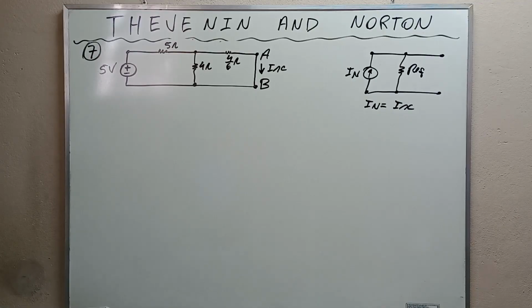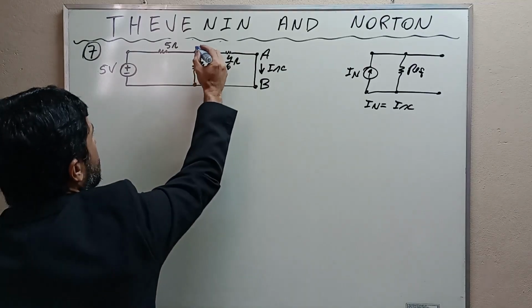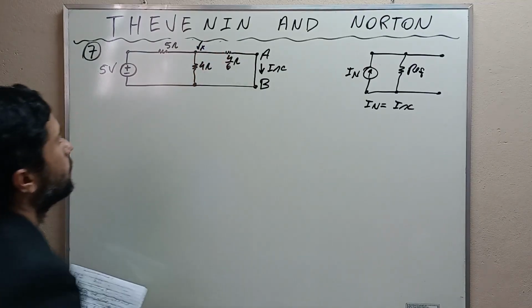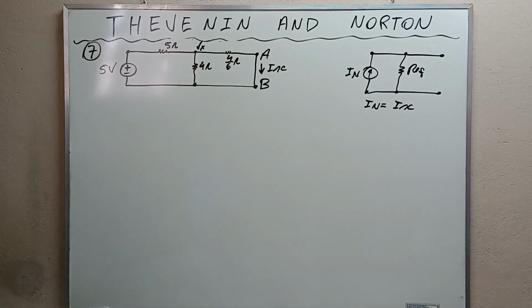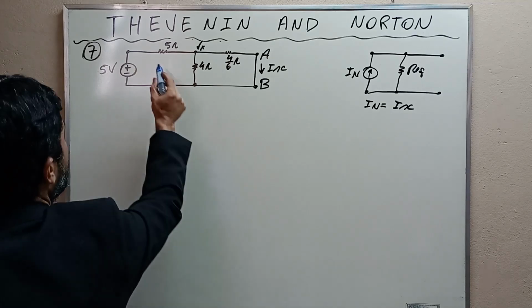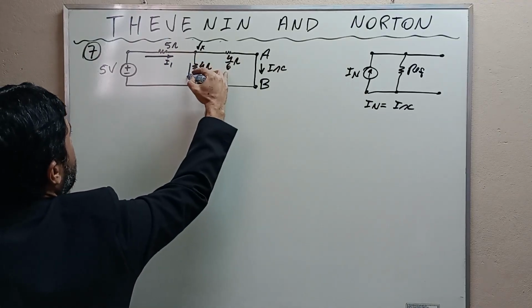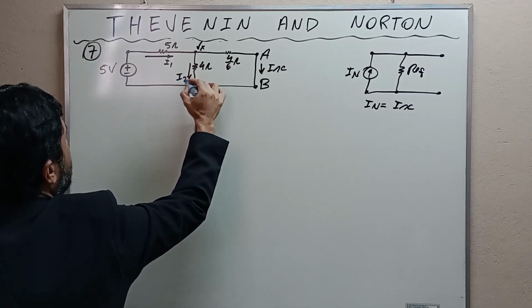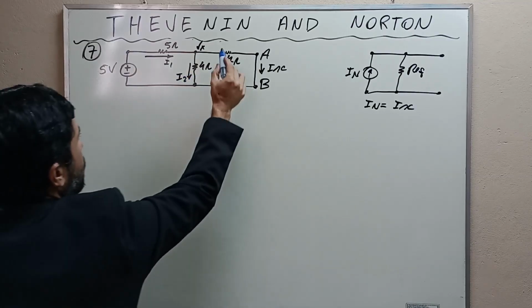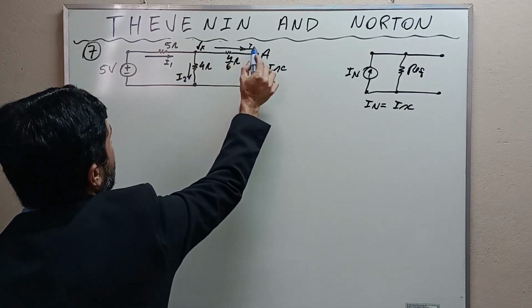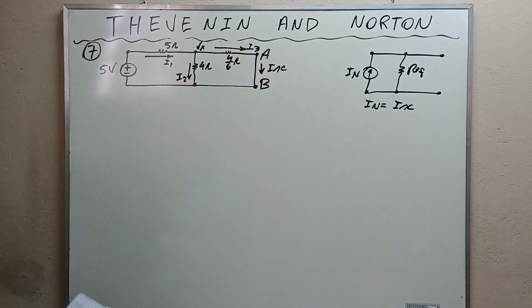And I'm going to label this voltage here Vx. And I'm going to call this current here I1. This will be I2 and this will be I3, okay?